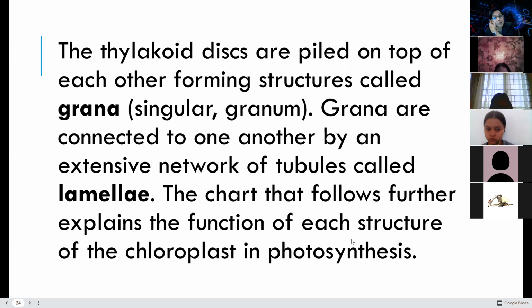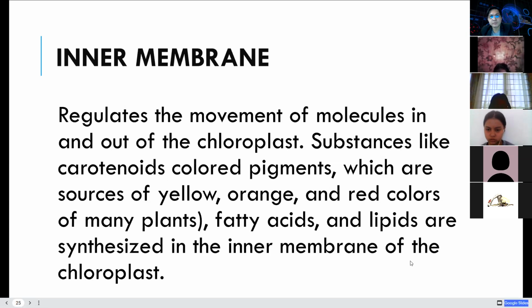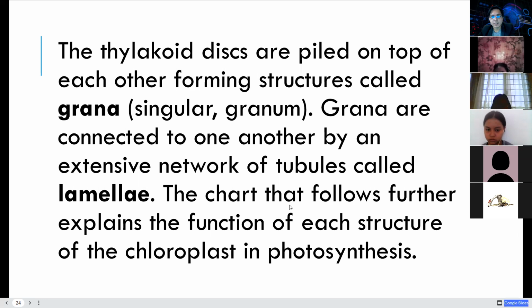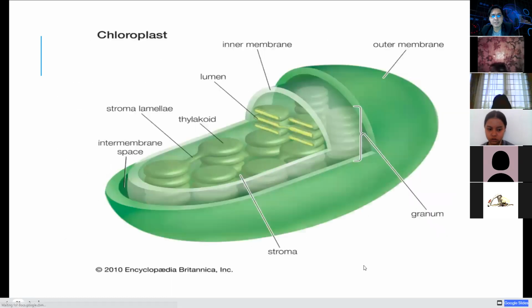The chart that follows further explains the function of each structure in the chloroplast in photosynthesis. I will let you see it. Again, this is the form.